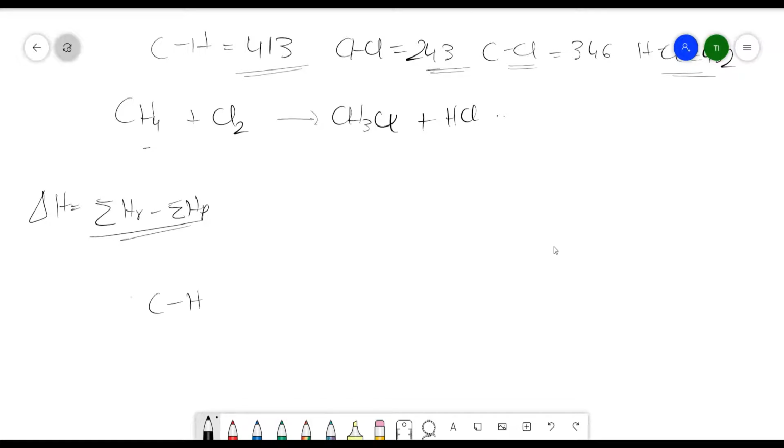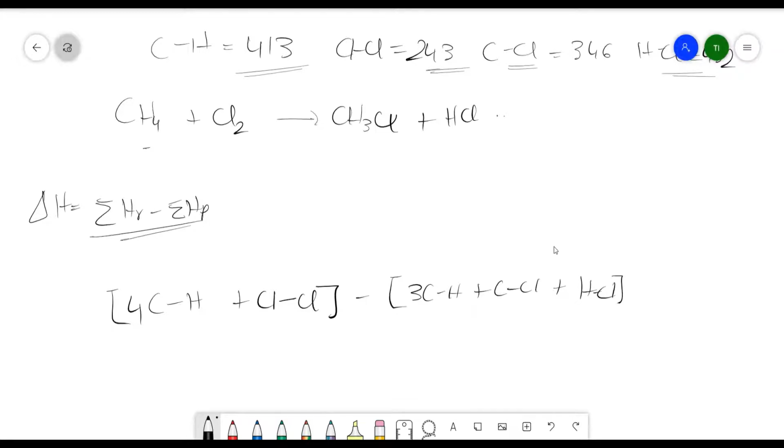So CH times 4, plus Cl-Cl, minus 3CH plus CCl plus HCl.